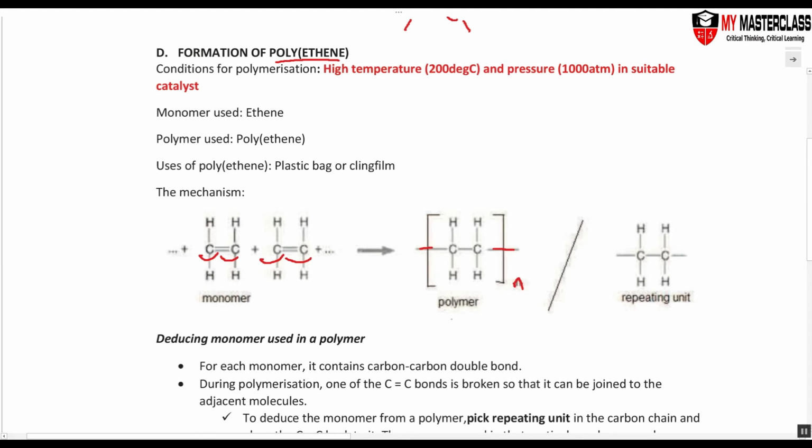So this is your polymer, this one is your monomer, and if they say draw the repeating unit, it is just whatever is inside the bracket without the bracket. Polyethene's main use, you have to know that.